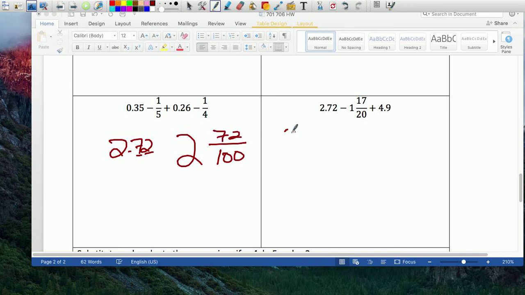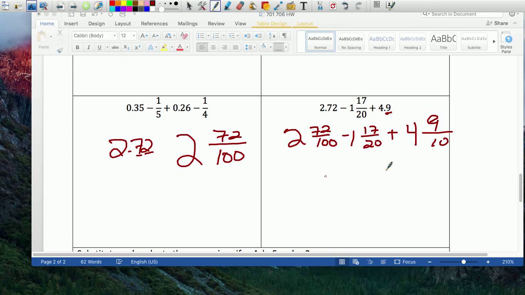So that's how you express it. So it's 2 and 72 over 100. Minus 1, 17 over 20. And 4.9 is 4, and then 9 here, it's only one decimal space to the right, so it's 4 and 9 tenths, right? Because that would be the tenths place.